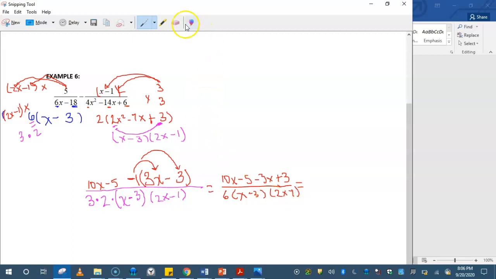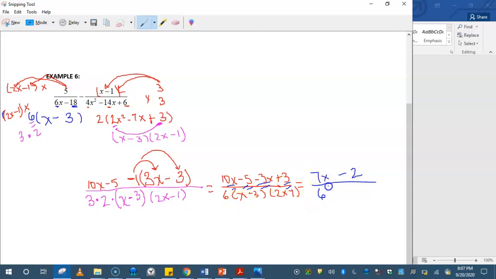All right, now the last. Let's go ahead and combine our like terms. Here we go. If I combine my like terms, 10x minus 3x is going to be 7x, and negative 5 plus 3 is going to be negative 2.